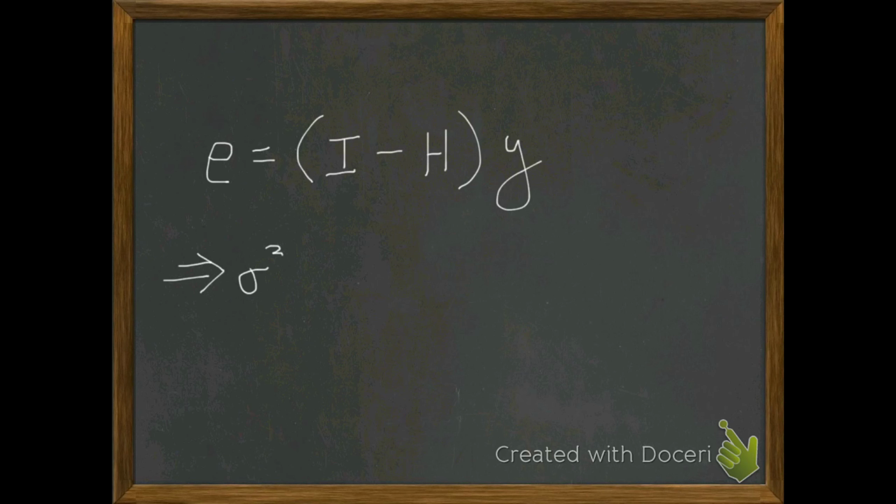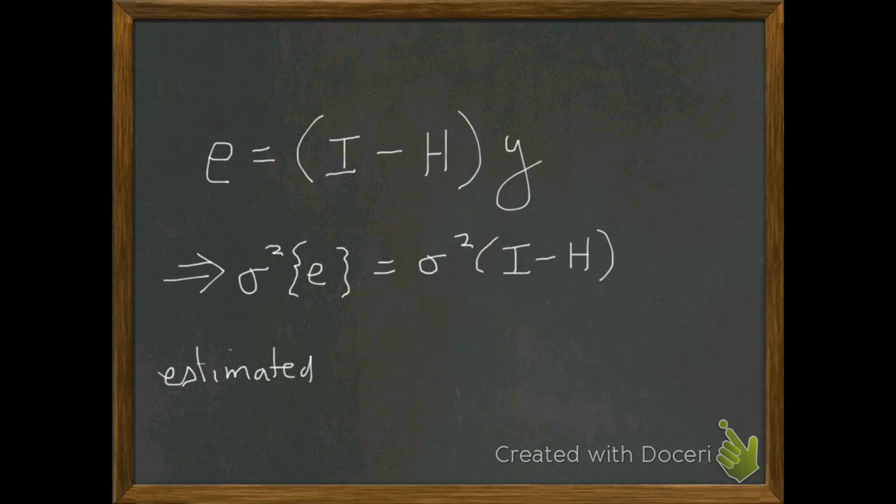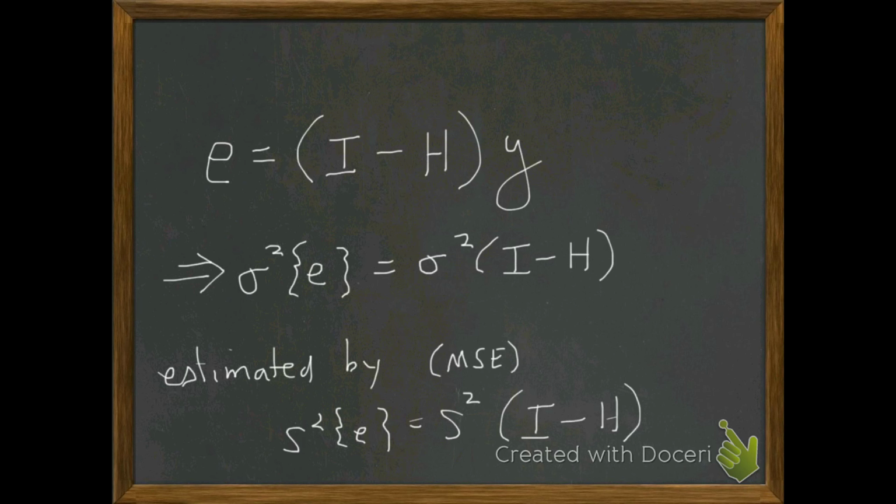So we have that the variance of our errors is equal to, let's see, H, and this will be estimated by I minus H.